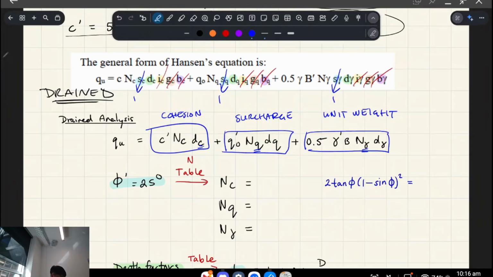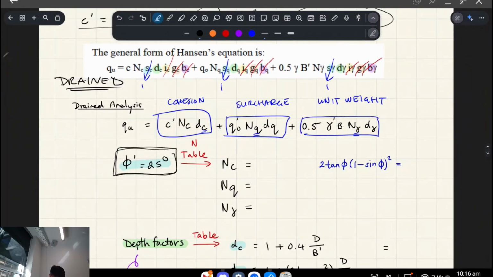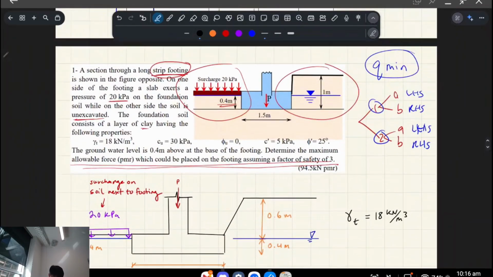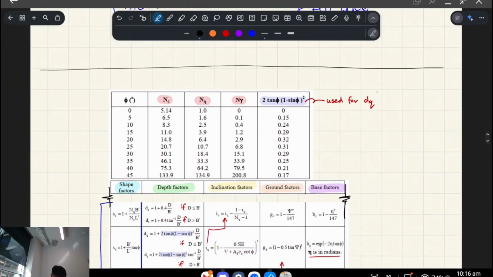All right, so we're given a friction angle for this soil, and in the drained case, it's 25. So what we have to do is go to this table, and here's where we have to familiarize ourselves with it.